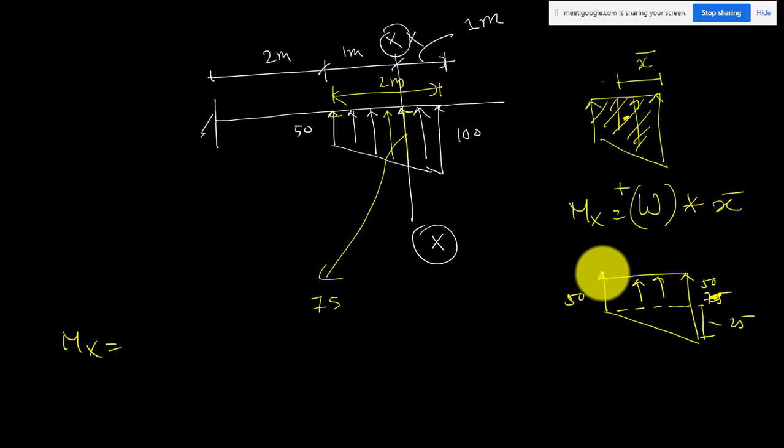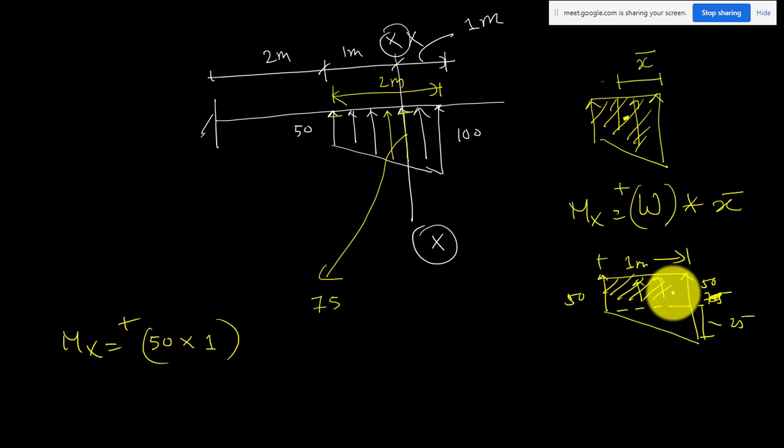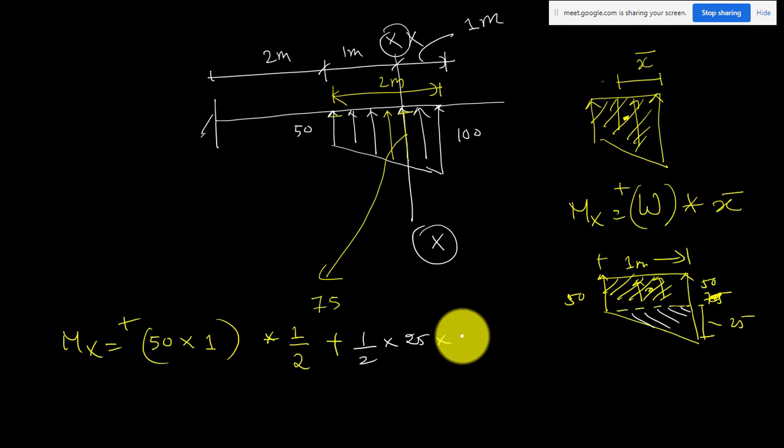The load is the area of that rectangle, 50 into 1, that is the total load. This area acts at the center, that is 1 by 2. Plus the remaining load is your triangle, the area of your triangle, that is half into 25 into 1.